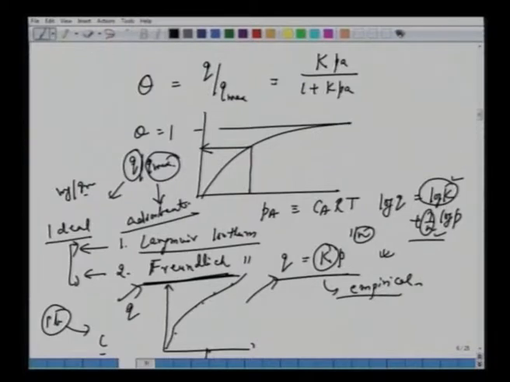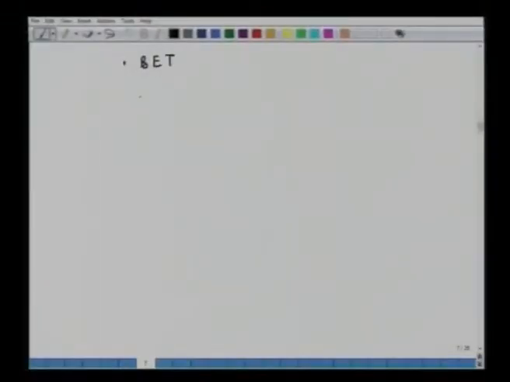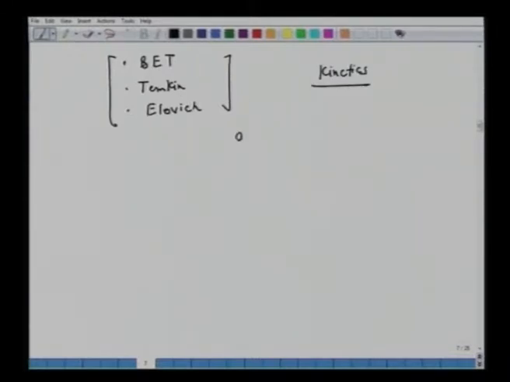Of course, there are several types of isotherms, which just for your knowledge, one is the BET isotherm, one is Temkin, one is Elovich. All right. If you are interested, you can go through any books on kinetics to be familiar with different types of isotherms. All these isotherms give a relation between Q and a function of concentration or the partial pressure.